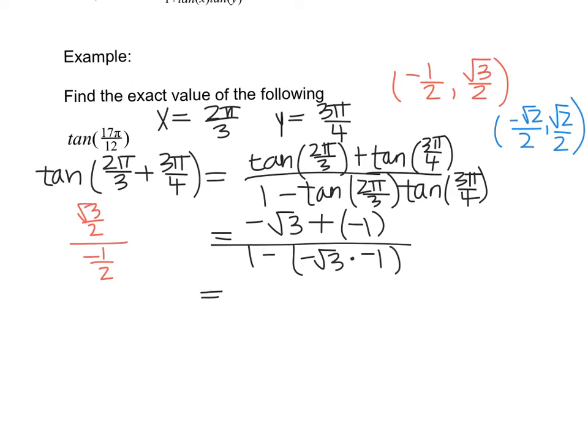So my numerator is going to become negative radical 3 minus 1, since plus and negative becomes subtraction. And my denominator is going to stay 1 minus, because we're doing negative radical 3 times a negative 1, so it'll become a positive radical 3. And this can't simplify any further, so our final answer is negative radical 3 minus 1 all over 1 minus radical 3. So that is the exact value of tangent of 17 pi over 12.